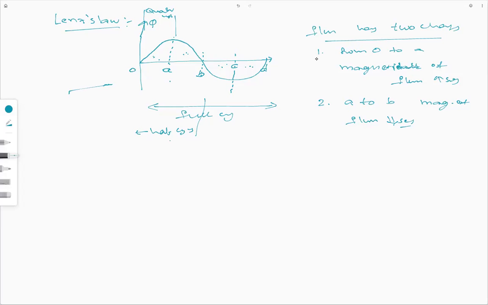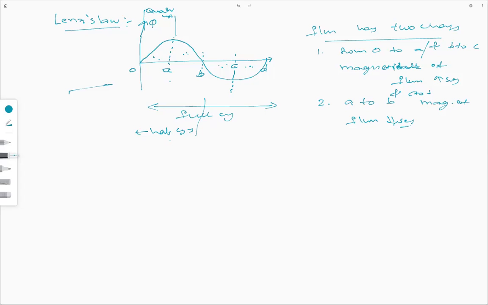Let us try to understand the first quarter. Again, B to C is the same as 0 to A, and C to D is the same as A to B. Both are the same cases, right?